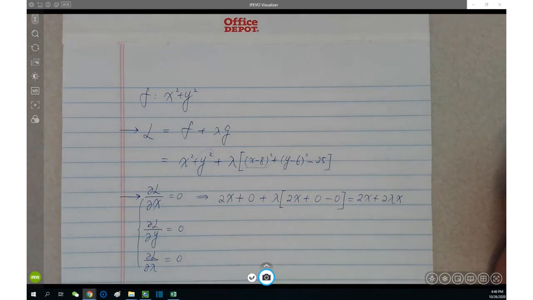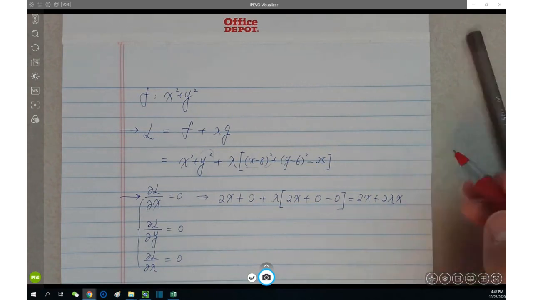If you were to FOIL out that x minus 8 squared, you'd have a minus 16 there. Very good. Don't make derivative mistakes, okay? Because in the past it happens very often. So I'm using the red to emphasize.